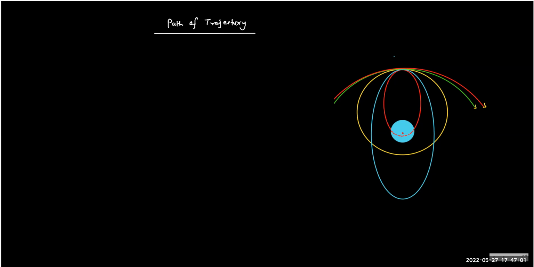So if you throw something not very fast, it will fall back on the earth, and the height from which you throw is the earth radius, RE. So the first case is case one.